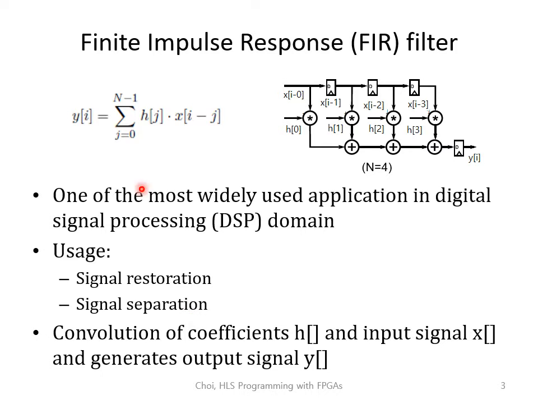As you can see in the equation, the FIR filter does a convolution of the coefficients h and the input signal x and generates the output signal y. And you can see the example circuit when the number of taps is 4. I'll explain this circuit in more detail with another example in the next slide.